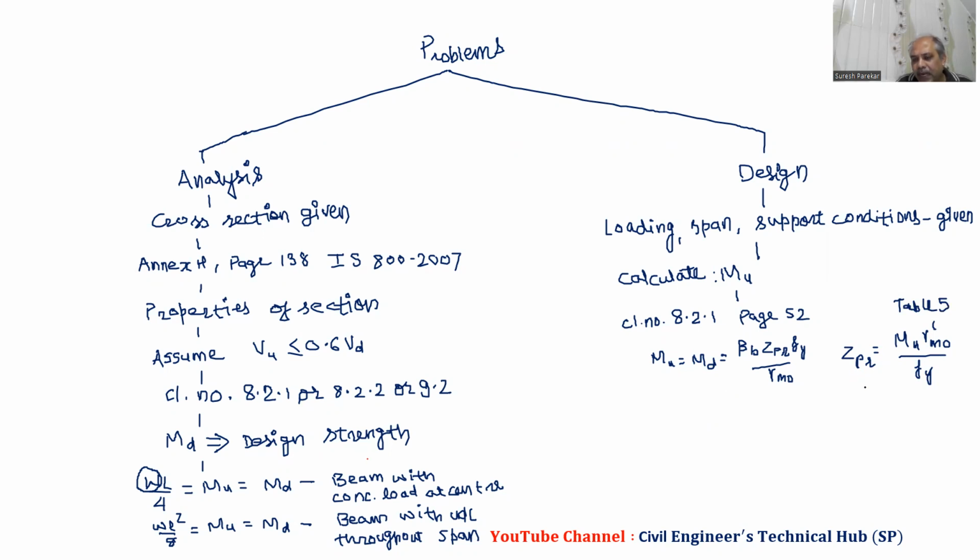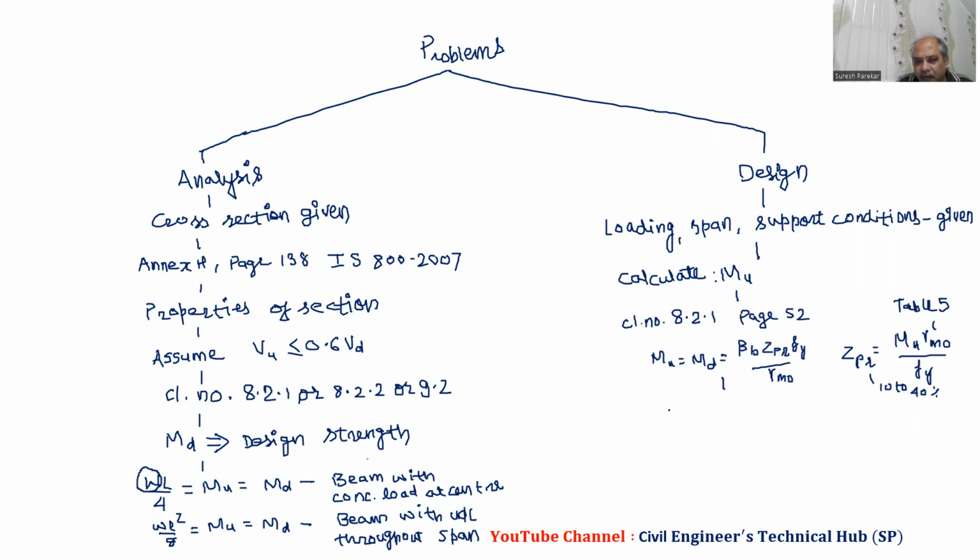Now, if you have a laterally unsupported beam, then this ZP required is increased by 10 to 40% for laterally unsupported. For laterally supported, we have to take it as it is.